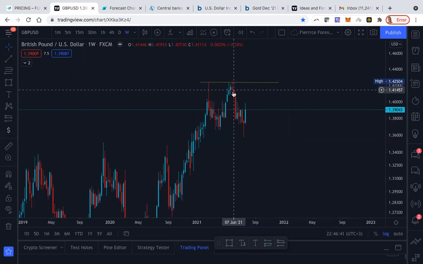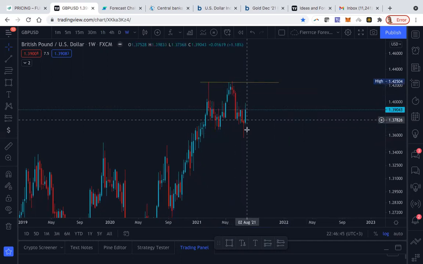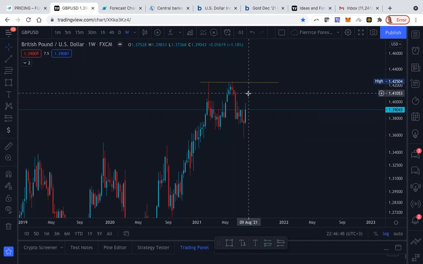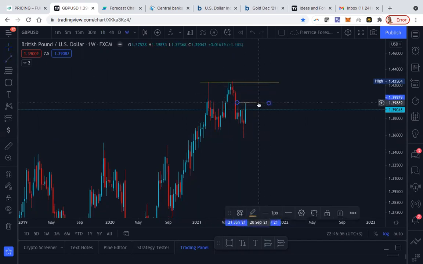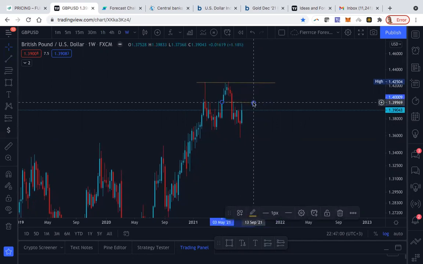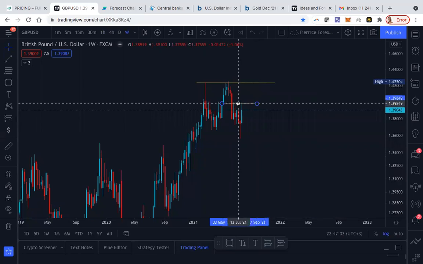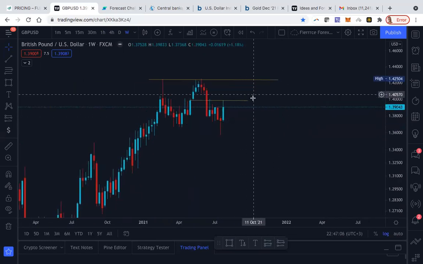But we see last week what happened is gold pushed up, but then there was a bit of a rejection. So it formed another interesting level here. Look at it.